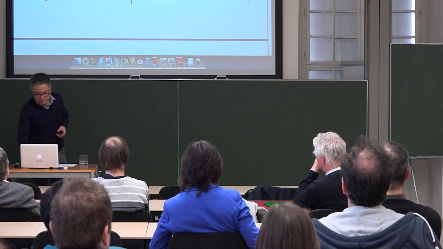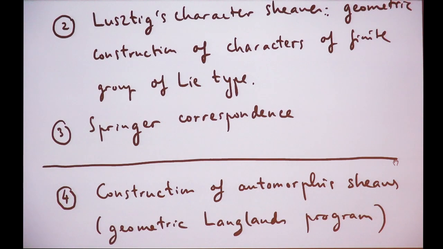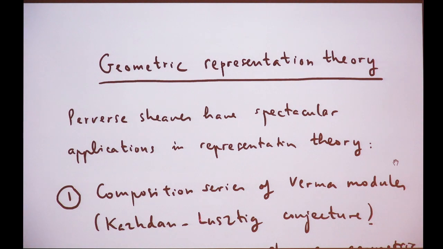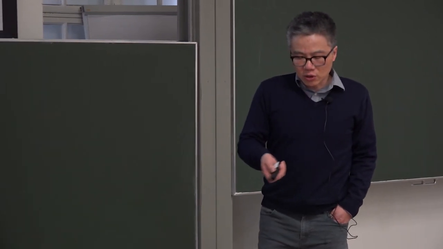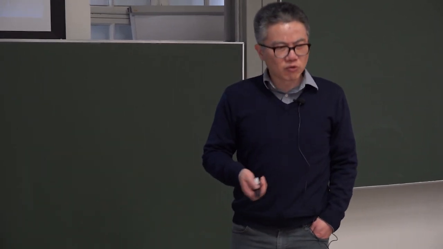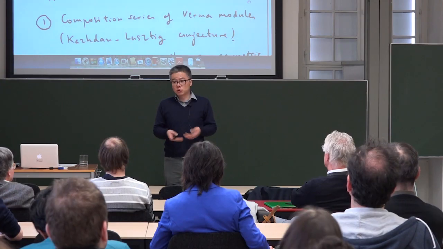Okay. So let me just summarize some main points. The application of perverse sheaves and the decomposition theorem has been very spectacular, particularly in representation theory. So these are some of them. I think the first was the Kazhdan-Lusztig conjectures. In representation theory, there is this very fundamental question of how to decompose Verma modules. You induce some representations, and how do you decompose them into irreducible representations?